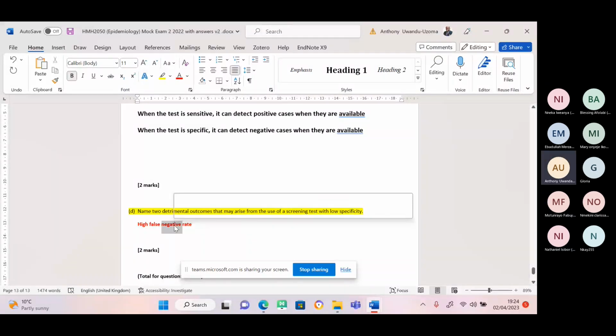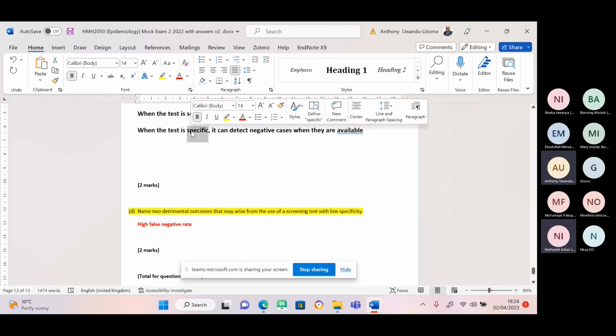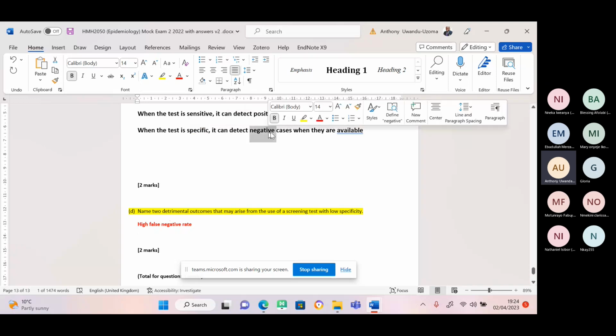Can you see my screen? High false negative. A test is specific when it can detect what? Negative cases, right, when they are available.